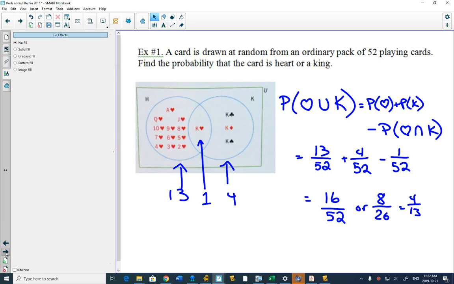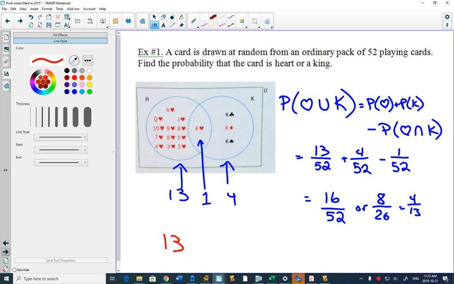Now in this case, it was pretty easy to do it just logically, right? But if I gave you a question that said spades or an even number, right? So you could get a 2, 4, 6, 8, or 10, 5 even numbers. I think it would be easier to say, okay, I have 13 spades.